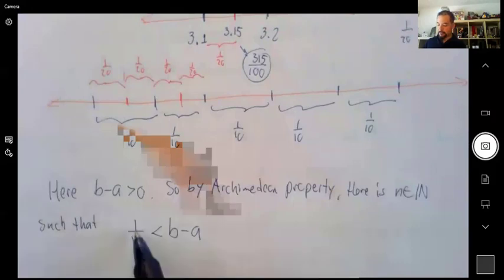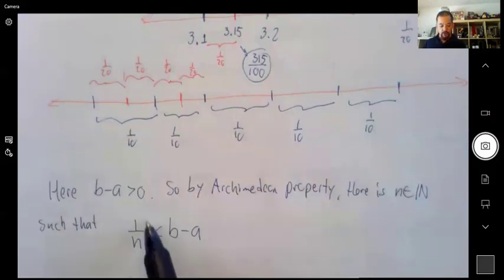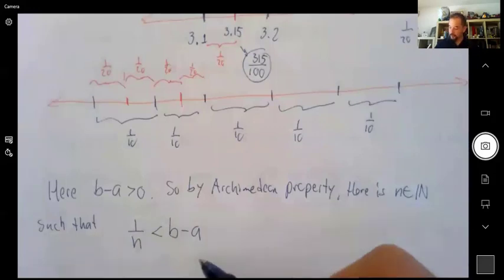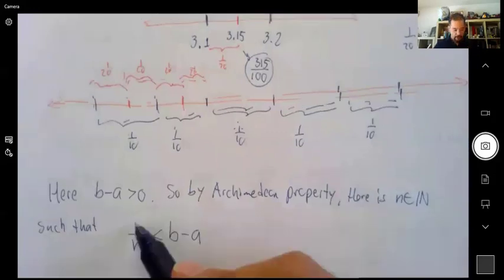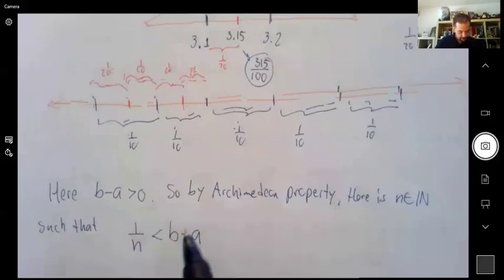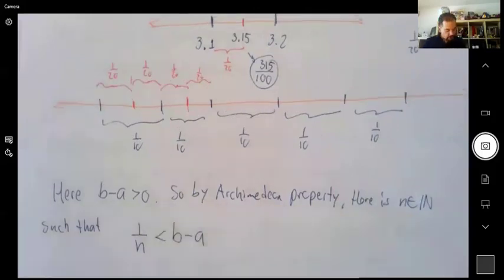So there's a denominator that makes this number smaller than b minus a. And now I'm going to show you that there has to be a rational number with this denominator between a and b. And how do I do that?